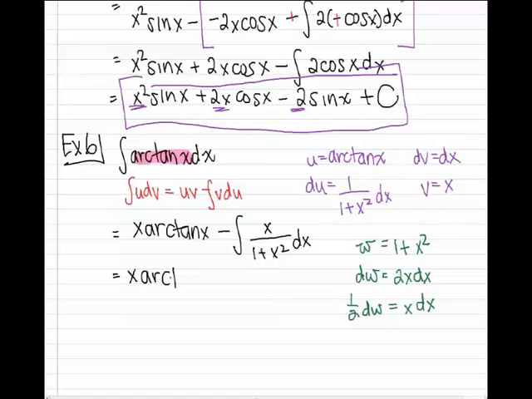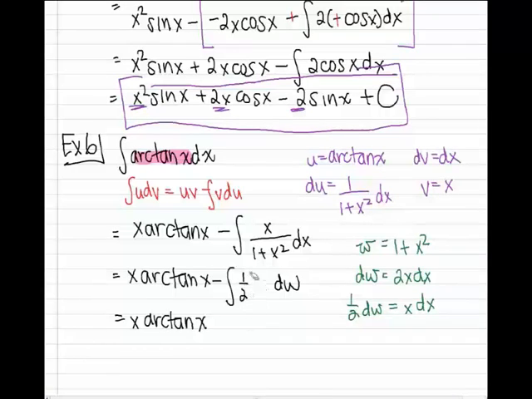So I have x arctan x minus the integral of 1 over 2w dw. And then that term you can take the integral of. And what's the integral of 1 over 2w?